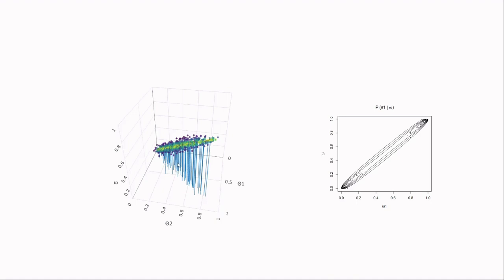And again, if we now project this onto one of those walls, for example the wall of theta 1 versus omega, then we would get this plot here. So this is the marginalized probability density for theta 1 versus omega, in this case marginalized over theta 2.